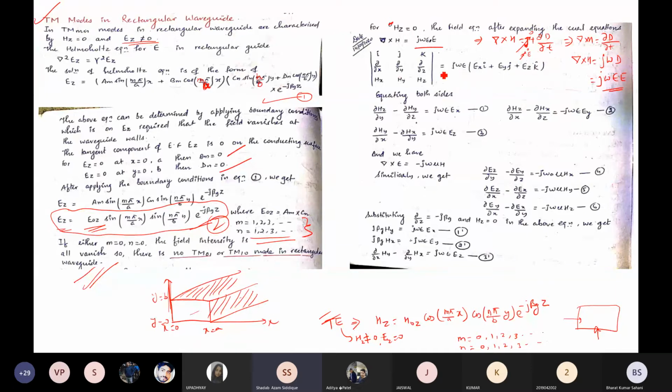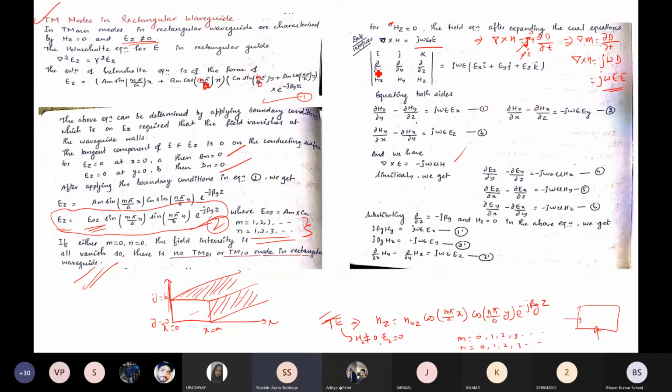You take the comparison, find the i, j, k components from this matrix, and equate them with this ijk component. So we'll get, sorry, 3 equations: the i component, j component, and k component. Similarly, if you proceed for the curl E equation, curl E is equal to minus del B upon del T, and del B can be written as minus j omega B. B is equal to mu H, so minus j omega mu H will be there.